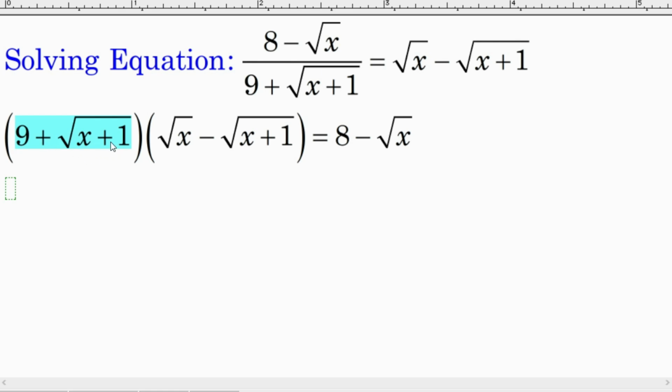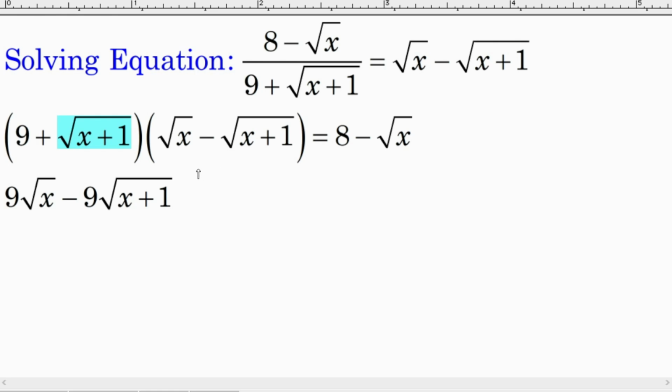So we can take each term of the first factors and multiply with each term of the second factors. So then we get 9 multiplied with square root of x, then we will get 9 square root of x minus 9 square root of x plus 1. And now we take this term and multiply it into each term of the second factors.